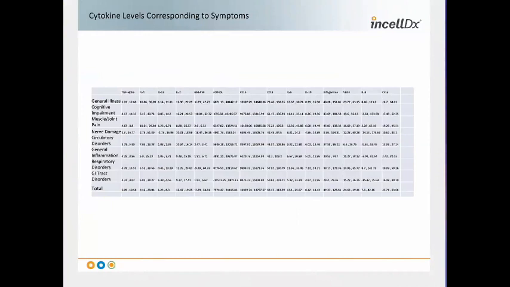We call it symptom-specific cytokines, or SSCs, where we know the cutoffs and the ranges of values of our 14-plex that are associated with different symptoms, so that when we think about treatment, we can tailor our treatment to address the individual symptoms.